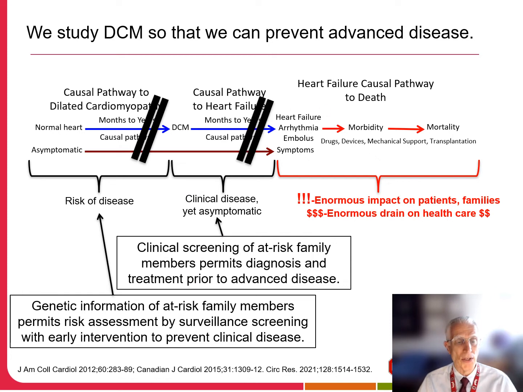The idea is to dial in drugs or devices to actually prevent the progression to heart failure, and of course to tend to decrease or even ideally just completely eradicate this advanced disease called heart failure.